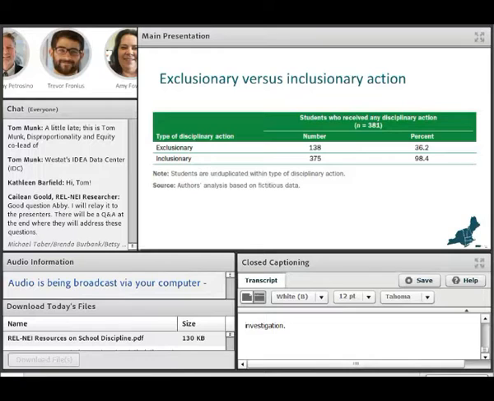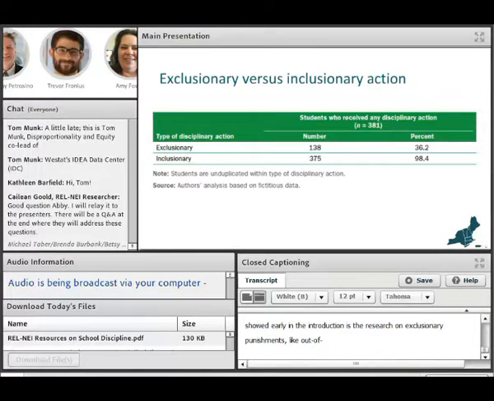Okay. So then maybe we want to drill down a little bit deeper. The preceding slide asked how many students were disciplined, but the type of discipline that we're most concerned about, based on the research that we showed early in the introduction, is exclusionary punishments like out-of-school suspension, expulsion, and those kinds of things.